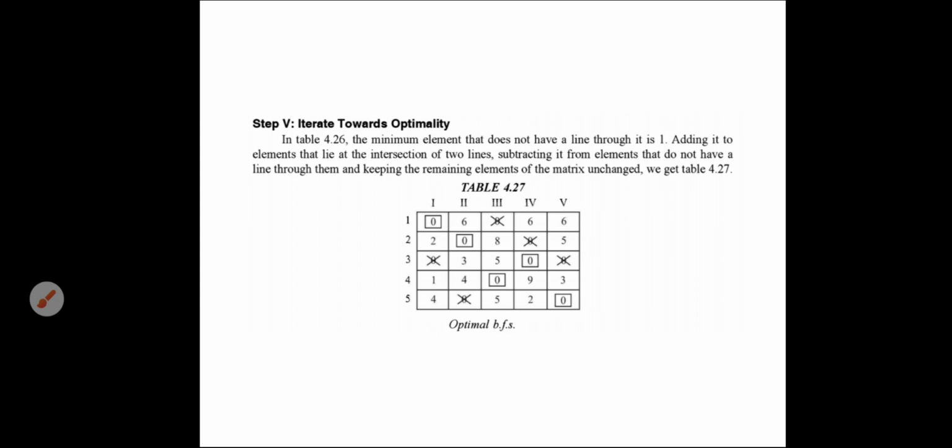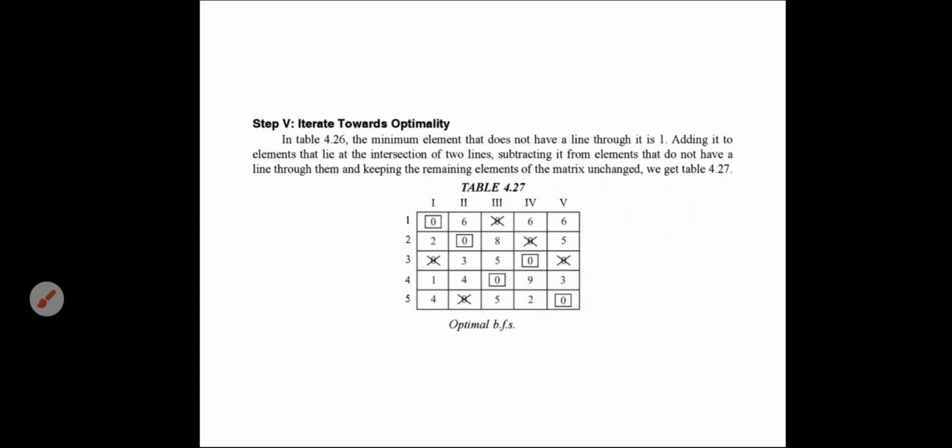This fourth is assigned, and fifth is crossed. In this way you can make assignments. In total you got 5 assignments. There are 5 rows, 5 columns and 5 assignments. As the number of assignments is 5, which is also the order of the matrix, this table gives the optimal solution.